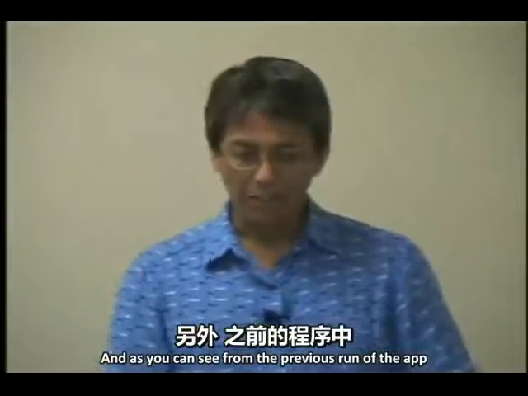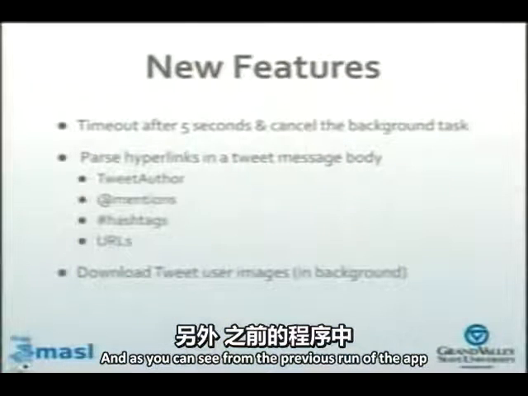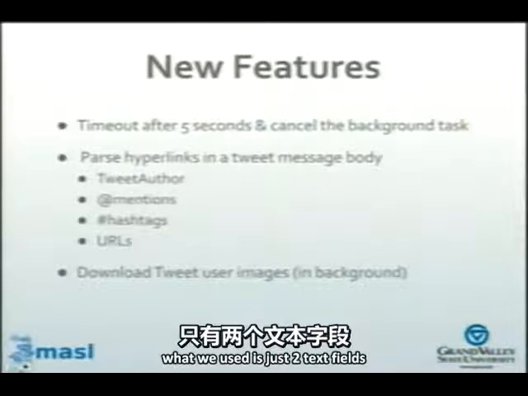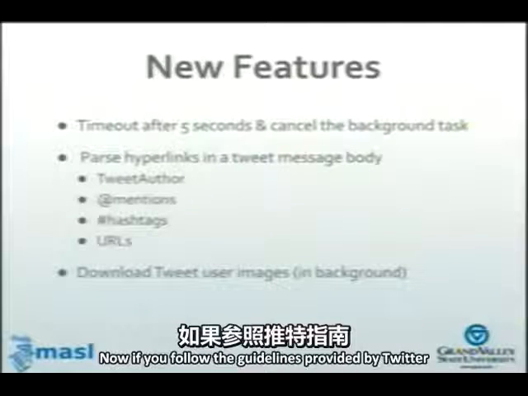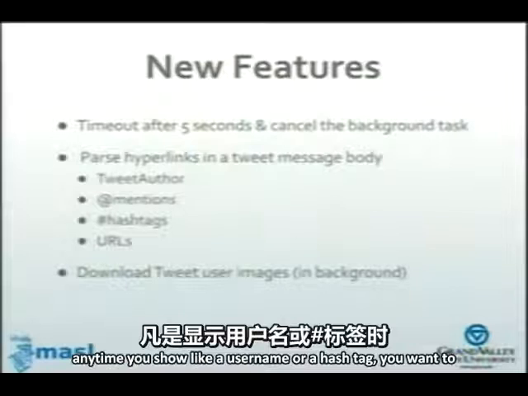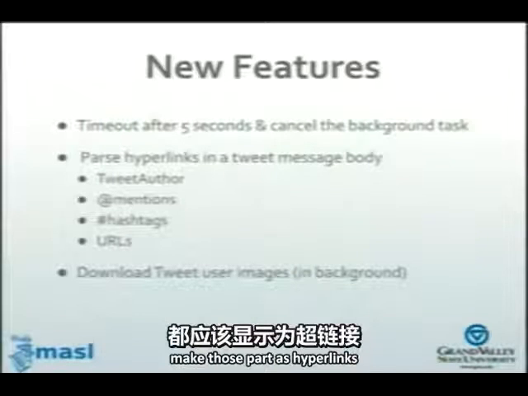As you can see from the previous run of the app, we used just 2 text fields that show the username, the body of the tweet, and the timestamp. Now, if you follow the guidelines provided by Twitter, anytime you show a username or a hashtag, you want to make those parts hyperlinks.